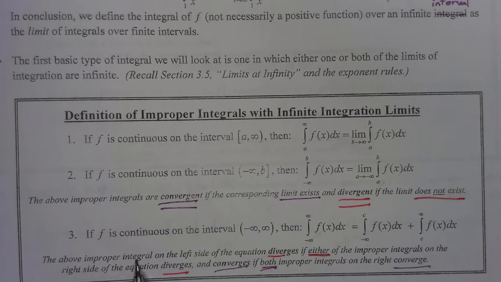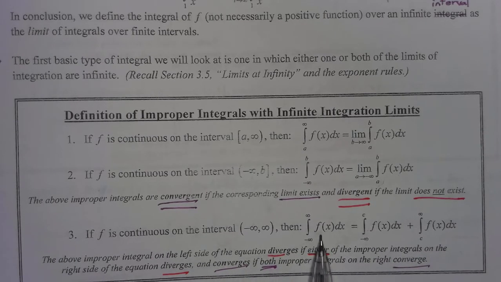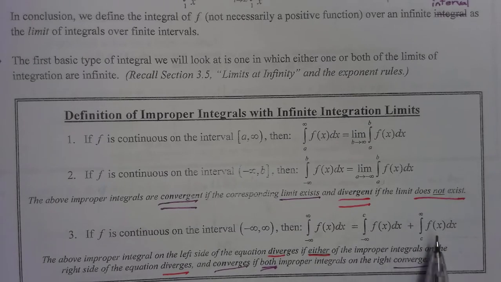The above improper integral, right here on the left side of the equation, diverges if either of these improper integrals on the right side diverges. And this integral converges if both integrals converge. These are two very important facts that you need to know.